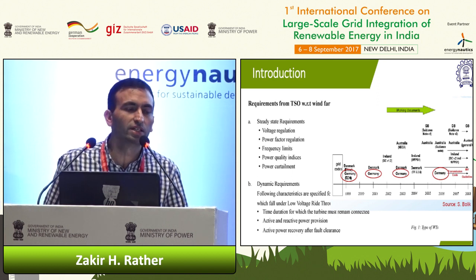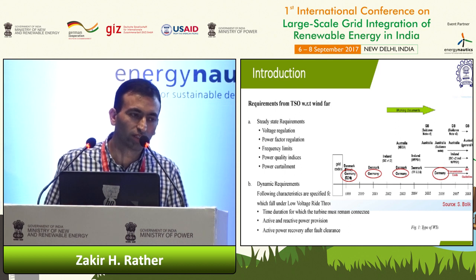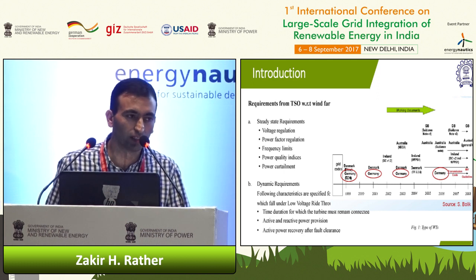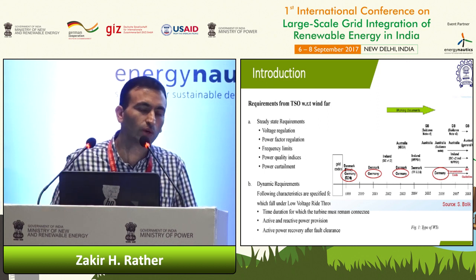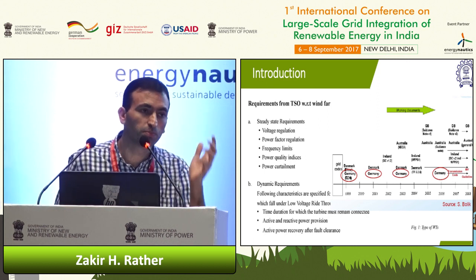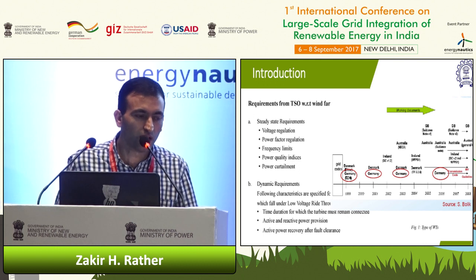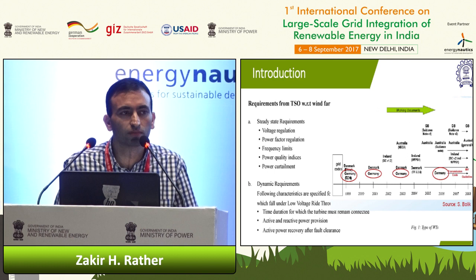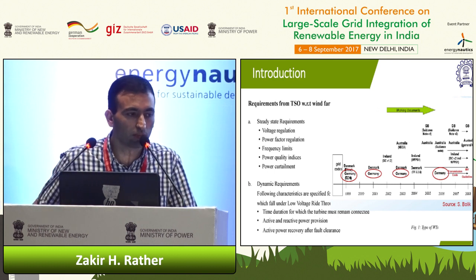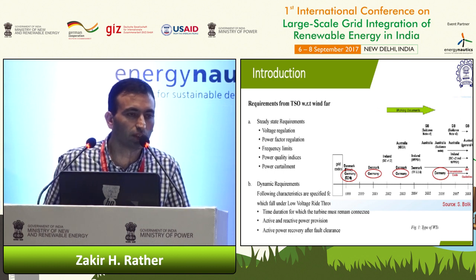Over the years, more and more stricter grid codes have come for the reason that the penetration level of these renewables has grown significantly. Initially, for example, the wind turbines were allowed to have simple on and off operation because the penetration level was not that significant. Even for the sake of their protection, they were allowed to simply back off from the grid if there was any disturbance in the grid.